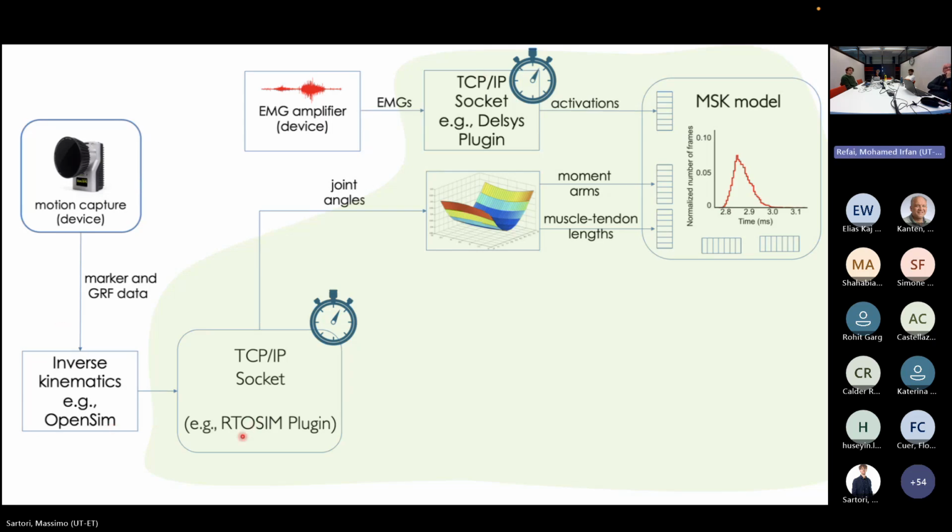And the plugins essentially feed EMG and joint angles data to the core of CEINMS, which is represented by a musculoskeletal model and by a spline module. What the spline module does is essentially converting joint angles into estimates of muscle tendon lengths and muscle moment arms. So these splines essentially synthesize the musculoskeletal geometry that's being used in the simulation.